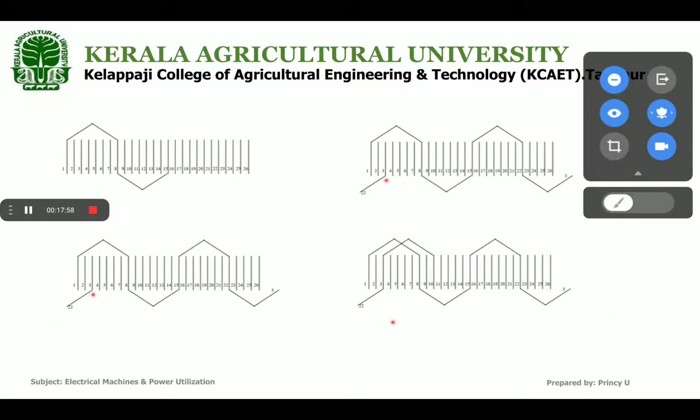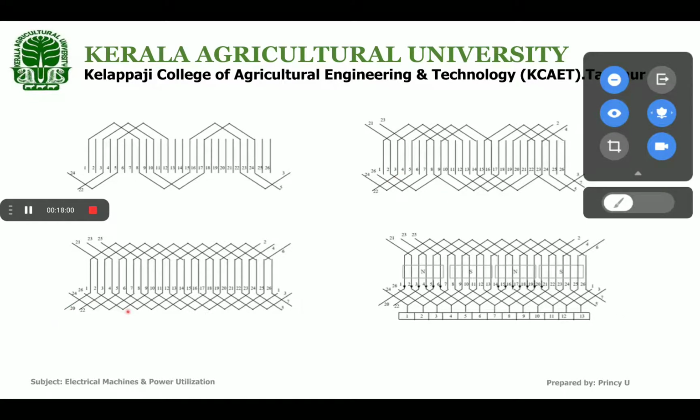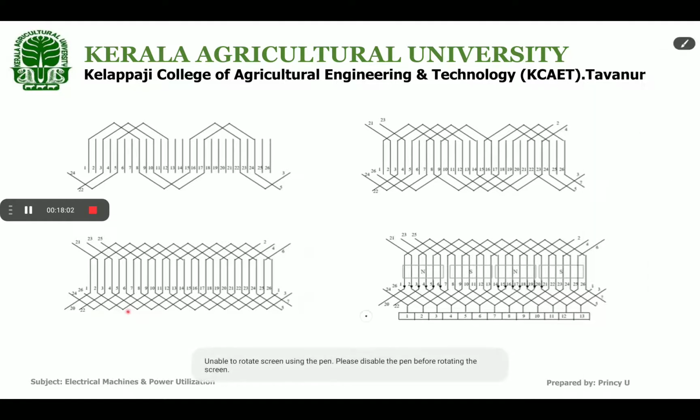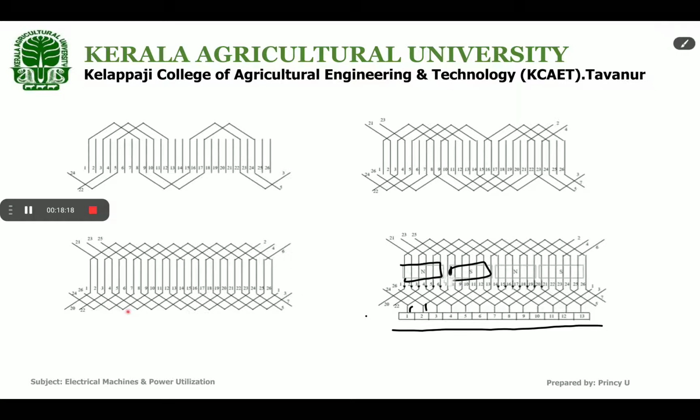Then what you have to draw? You have to draw the commutator segment. So from the first, here you can see, you can draw the commutator segment, and each of the windings should connect to a commutator segment. Similarly, poles should be marked here, alternate north and south poles, and we assume the current direction is downward in the north pole and upward in the south pole.